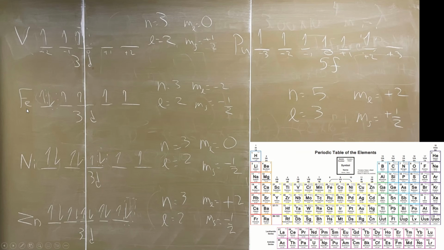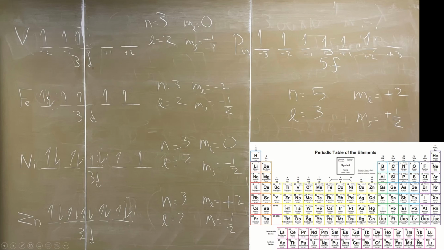If we go all the way to iron, well, that's 1, 2, 3, 4, 5, 6 elements into our 3D series. So we fill up each orbital once. 1 arrow, 2, 3, 4, 5, and now we can start doubling up. Our 6th arrow goes into the first orbital, but it's spin down.